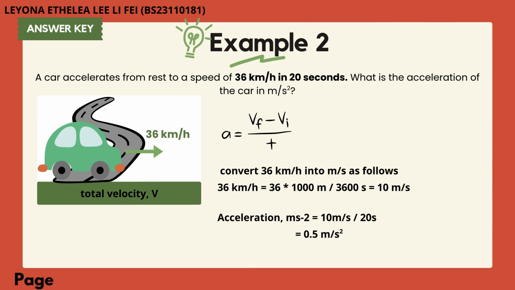So the 36 km per hour is the velocity, but it needs to be converted to meters per second, which is 36 km per hour times 1000 meters over 3600 seconds, equal to 10 meters per second. So the acceleration is equal to 10 meters per second over 20 seconds, equal to 0.5 m/s².